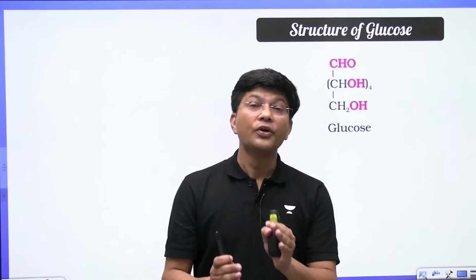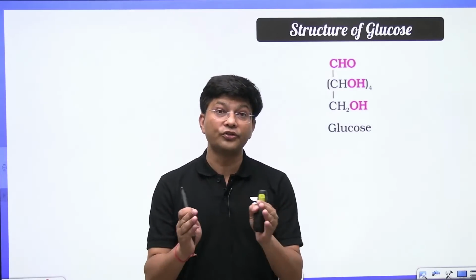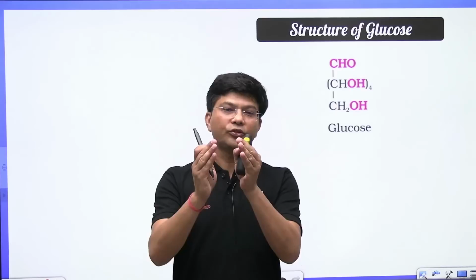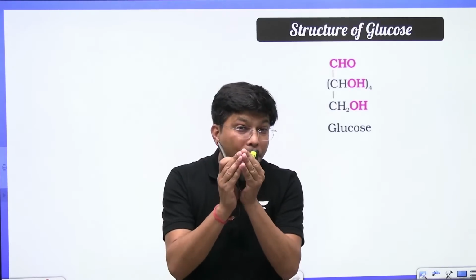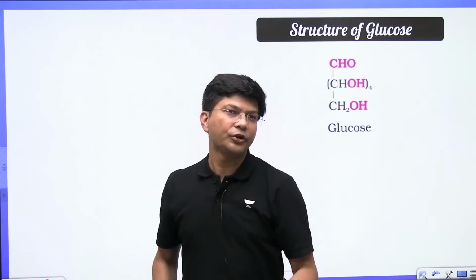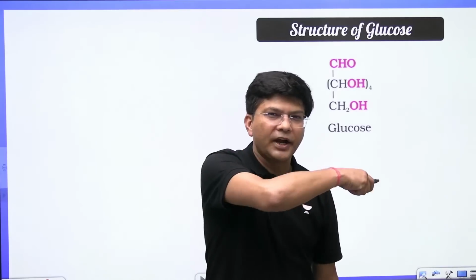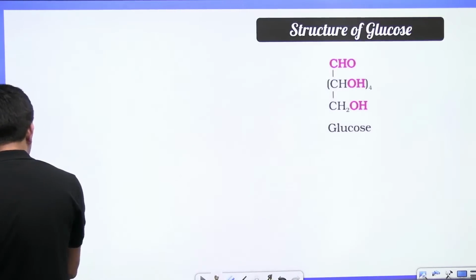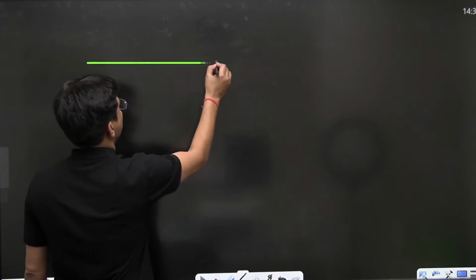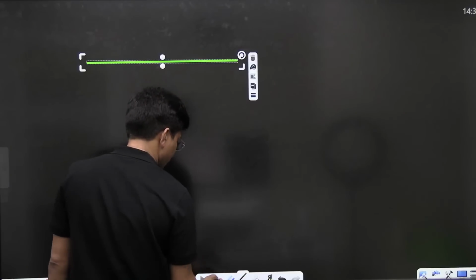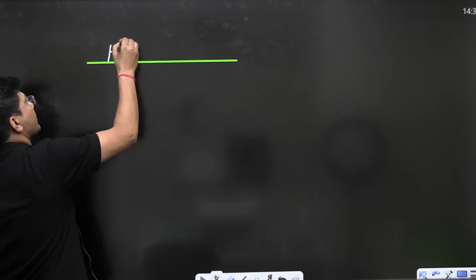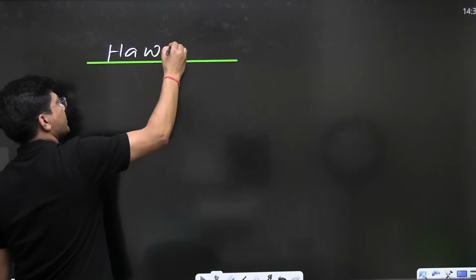Once you know the Haworth representation of glucose, you are going to kill this chapter, because 80% of carbohydrate chemistry is based on this Haworth representation only. So are you ready? Just let me know in the chat section that everyone is ready for the Haworth representation. I am going to draw it.